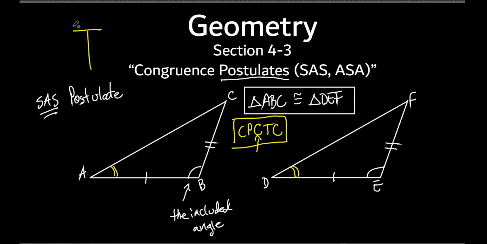Right here we put all the statements, and this is going to be the reasons. So we give a reason for each statement. What would the reason that AB is equal to DE be? How do I know that AB and DE are equal to each other?